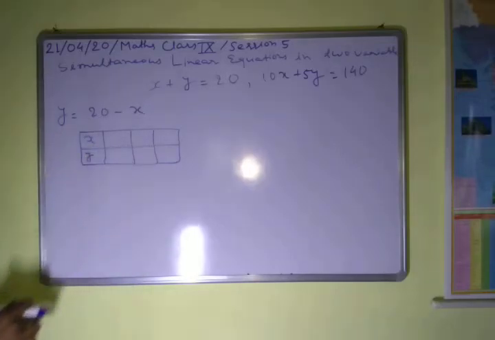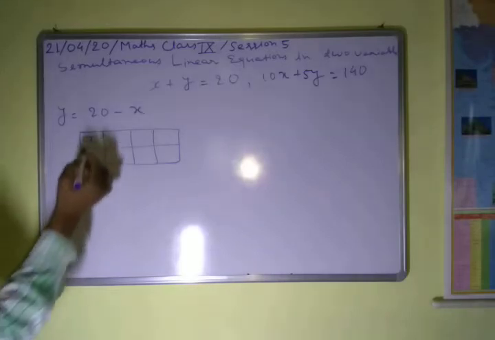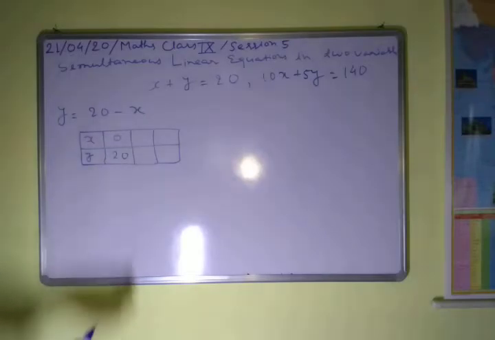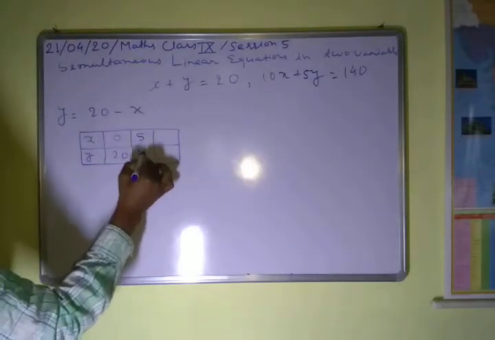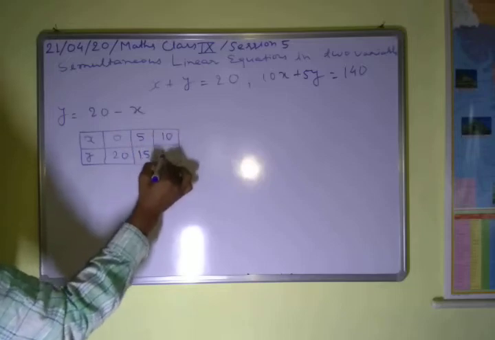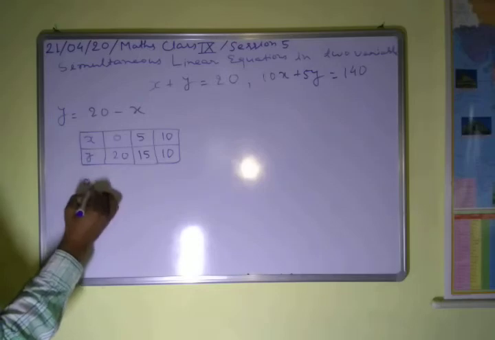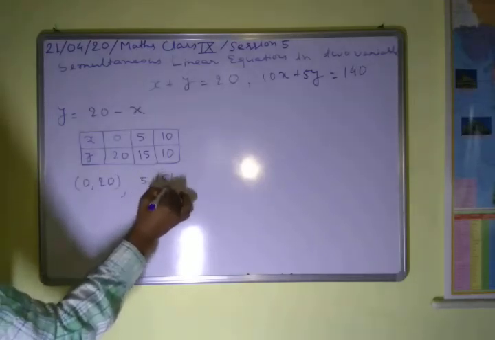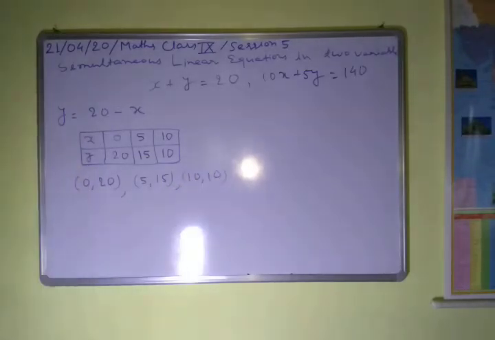Take x equal to 0, then you will get y equal to 20. Take x equal to 5, then you will get 15, and if x is 10, y will be 10. So the points are (0, 20), (5, 15), and (10, 10).